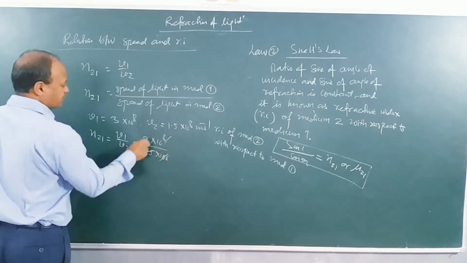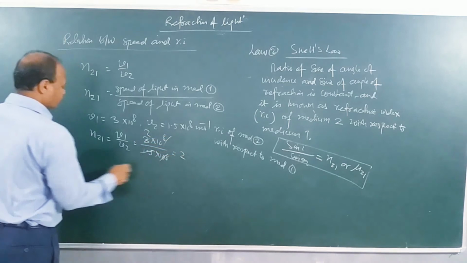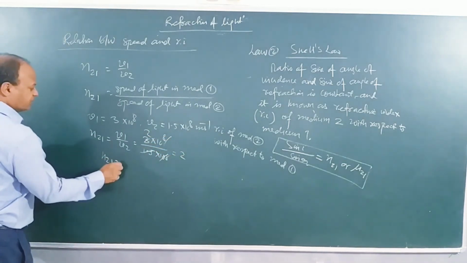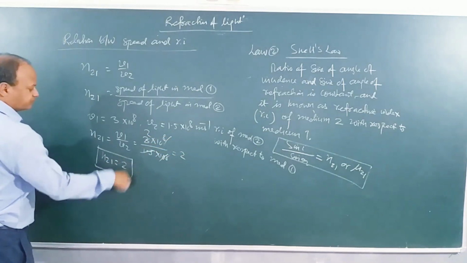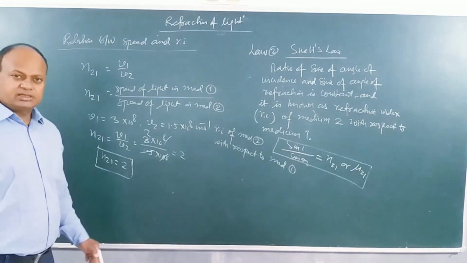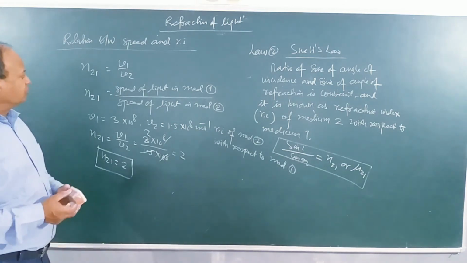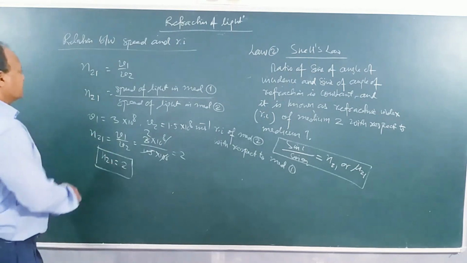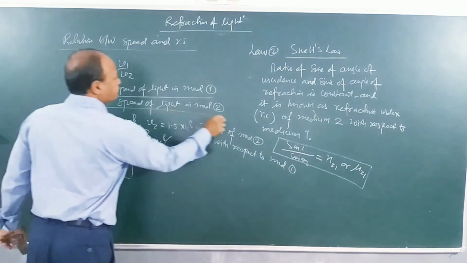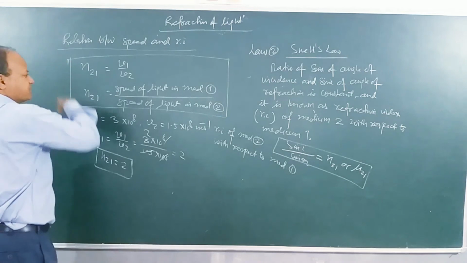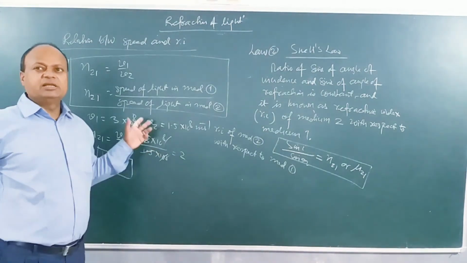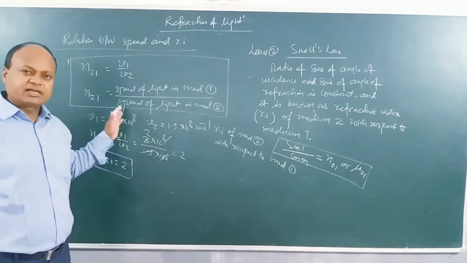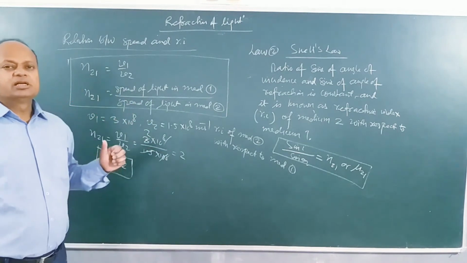Cancel out. Refractive index N21 is 2. Right? So, for numericals, write this in a box. You should also write this in a box because these are important formulas, and generally important formulas are written in a box so that you can directly access these formulas for numericals.